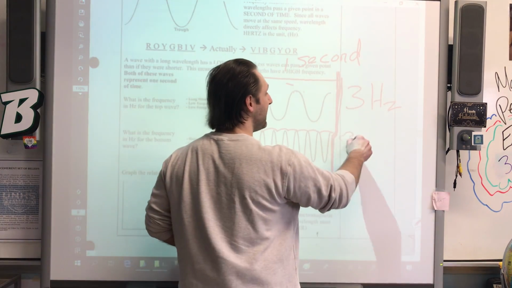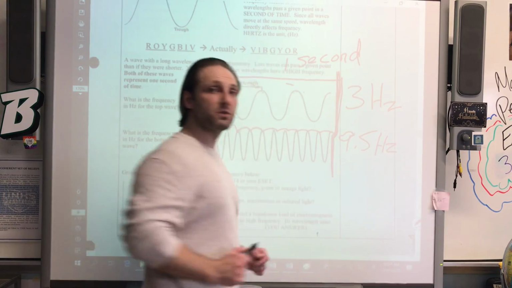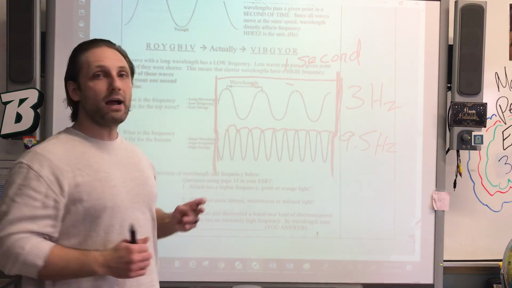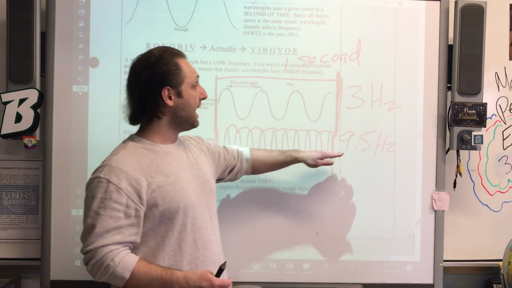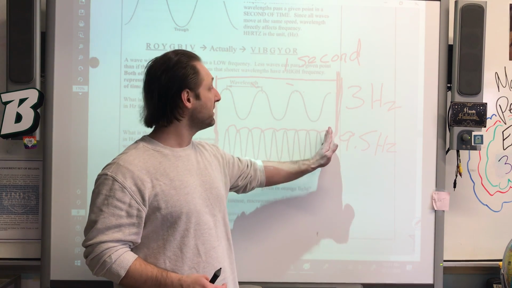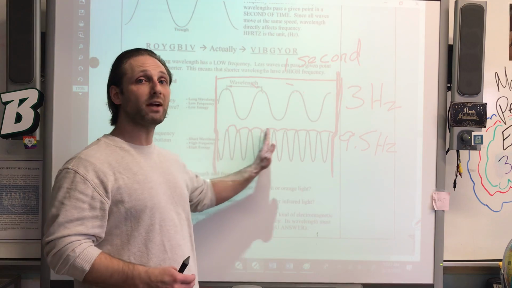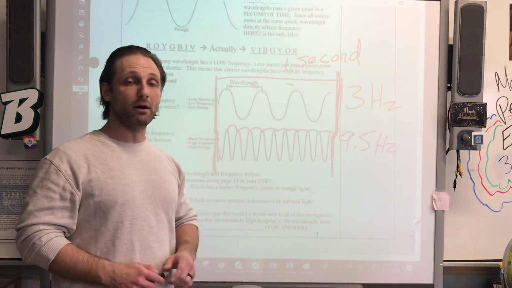So I've got 9.5 hertz. If I were to figure out which one has a higher frequency, I have a higher frequency here because this value is measuring more crest-to-crest wavelengths through here in 1 second than the light wave above.